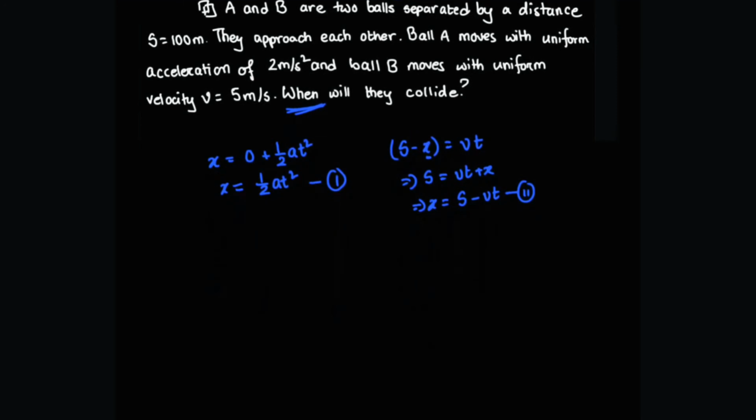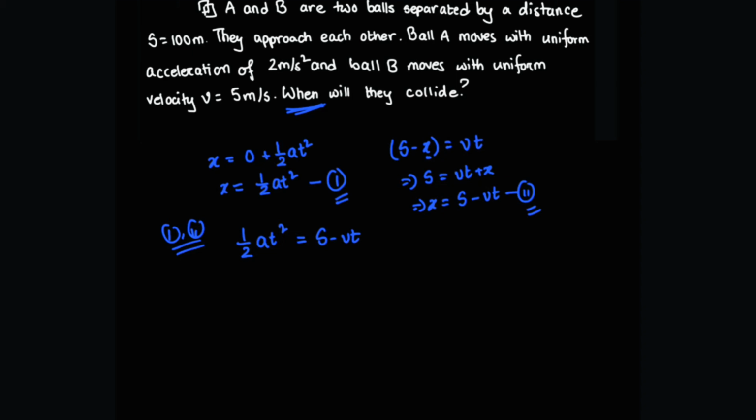And now we can say that equation 1 is equal to equation 2. So half times a times t squared is s minus vt, from the combination of 1 and 2. Now we know all of the given values except for the t.